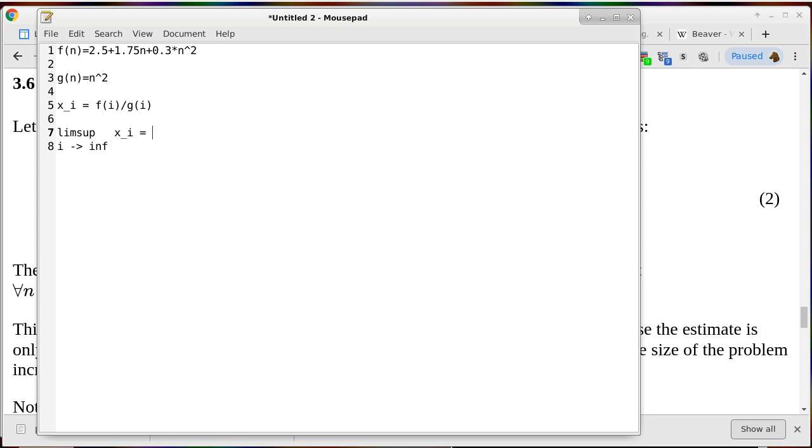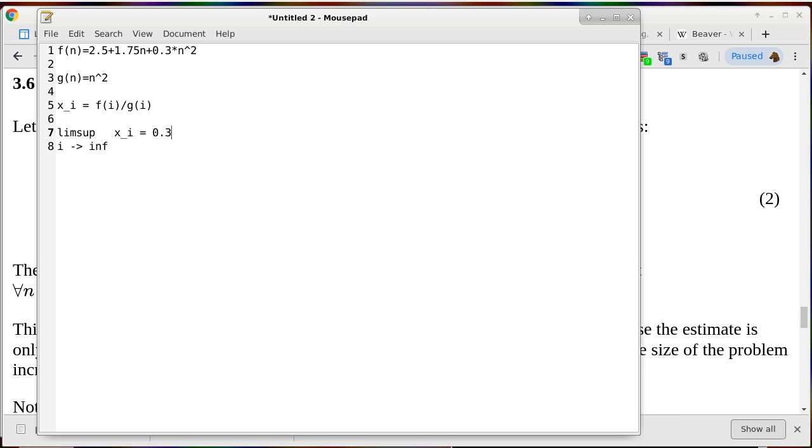So as n approaches infinity, in fact, whatever n it is, it is always 0.3. Is that okay? So the limit superior of x subscript i is, in this particular case, 0.3.